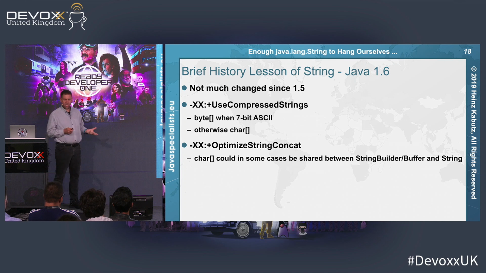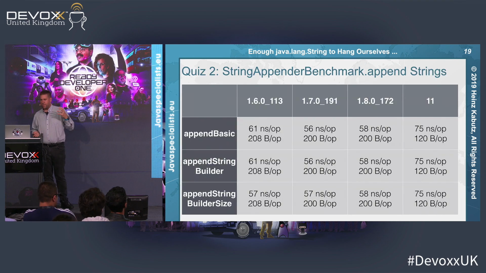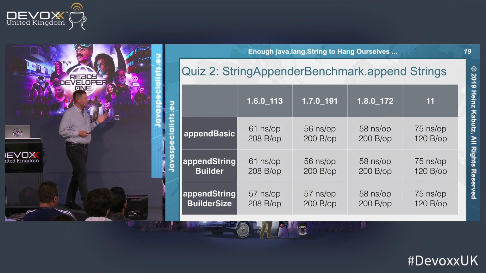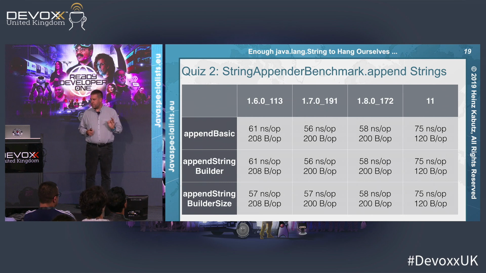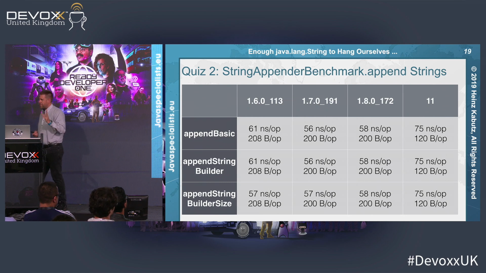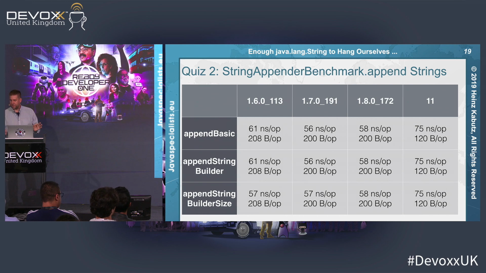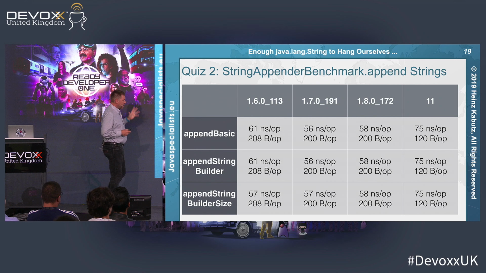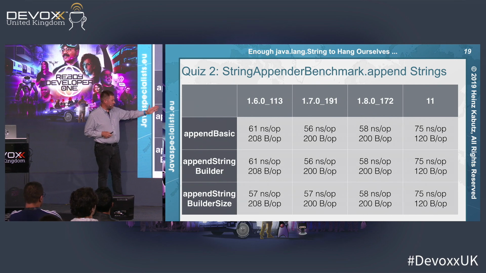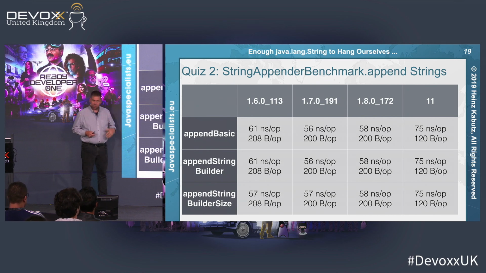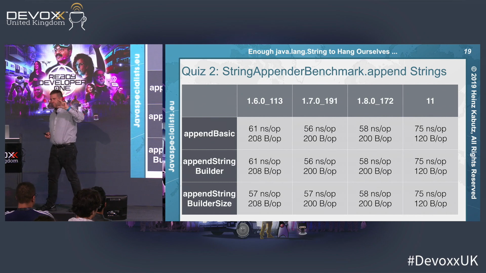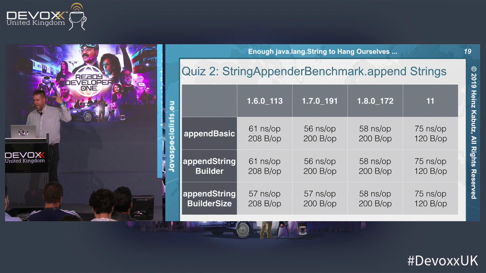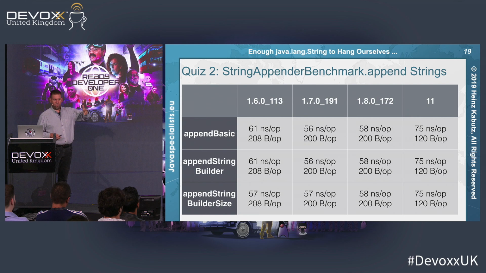And in fact, since Java 6, the first question we had, because the values I was adding together were all strings, it was a special case. Because of that, it actually doesn't matter which one you took, the append basic, append StringBuilder, or append StringBuilder with a size, those three, since Java 6, have always been exactly the same in terms of performance.